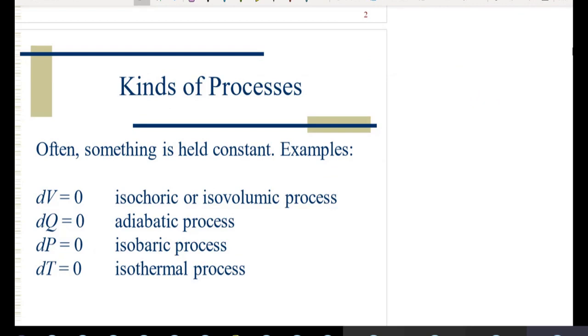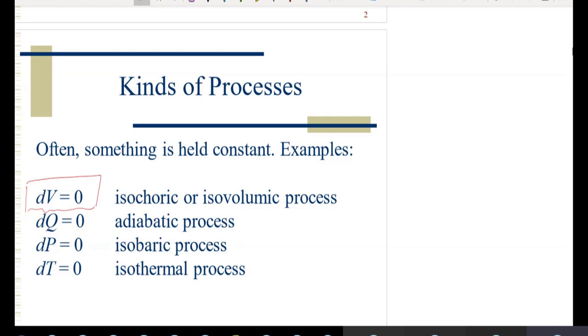If some process is such that we cannot change the volume of the system, we are trying to do some work on the system, but we are unable to change the volume, then such a process is called isochoric or isovolumic process. And the biggest indication of this is that we have to take dW equal to 0 in such kind of a process.